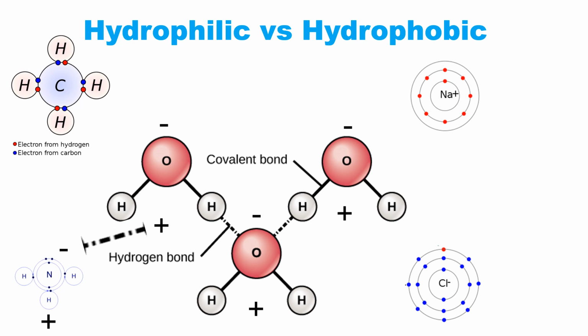We know that sodium ions have a positive charge and chloride ions have a negative charge. This means sodium ions and chloride ions can bind with water and dissolve in it. This is why sodium and chloride ions, as well as all other ions, are referred to as hydrophilic.